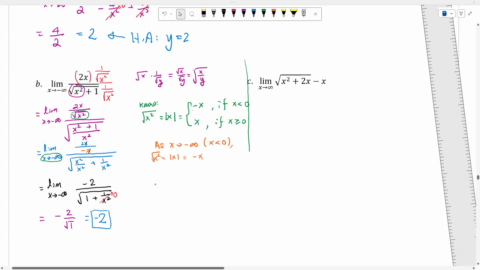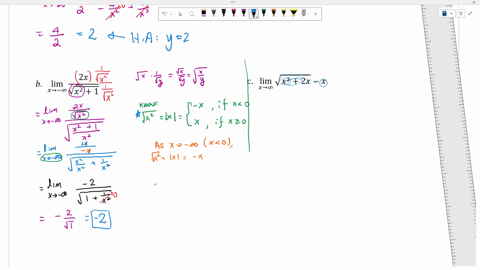So please remember this rule right here: the square root of x squared is equal to the absolute value of x. Then now let us look at our next example. How do we actually deal with this problem? If you think about the problem, x squared as x approaches infinity is infinity, and the square root of infinity is still infinity, and then we subtract another infinity.